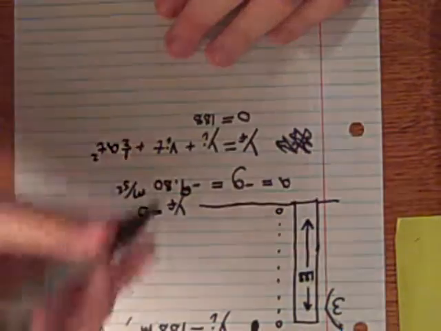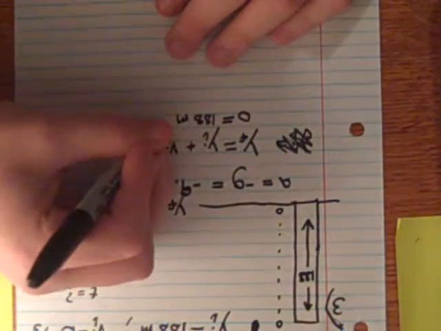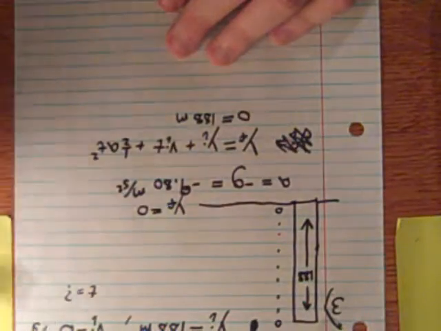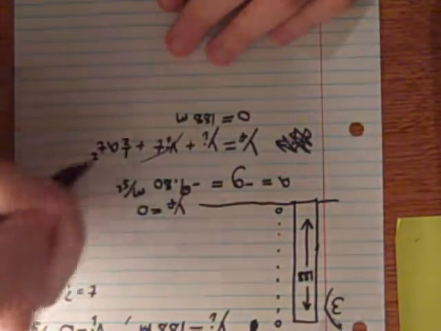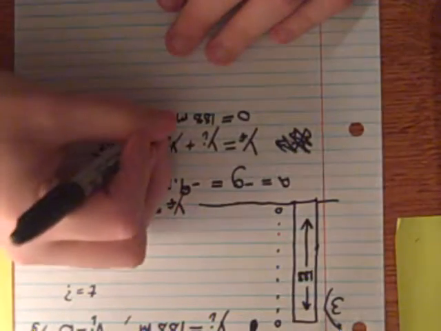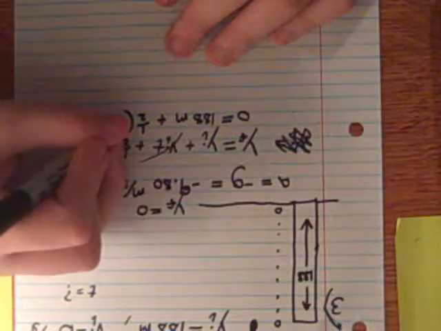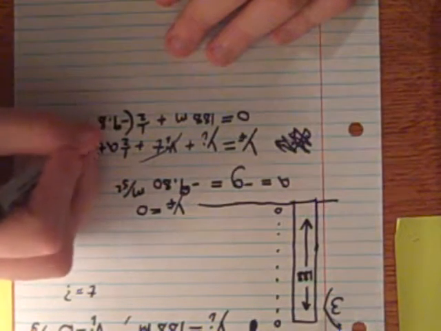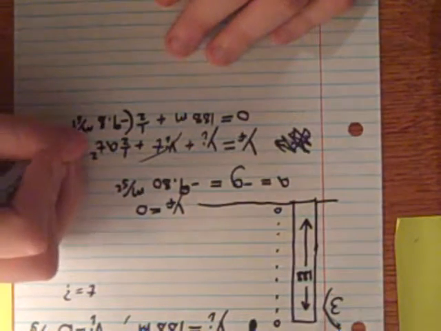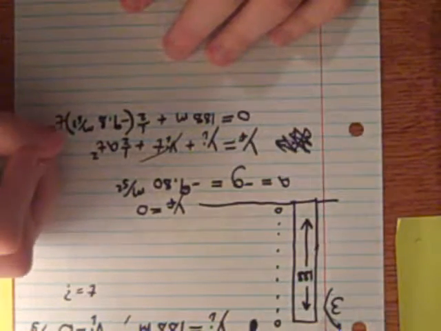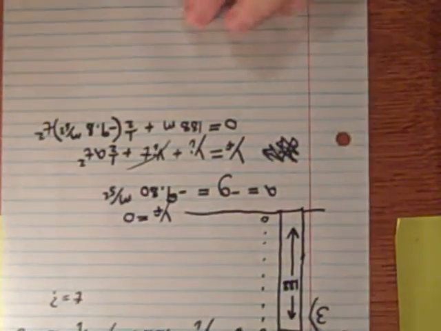It's just another way you can do it. It doesn't really matter. Since v initial is 0 meters per second, this term is going away. Lucky us. Plus 1/2, and we know a, negative 9.8 meters per second squared. And all we're left with is this t squared.